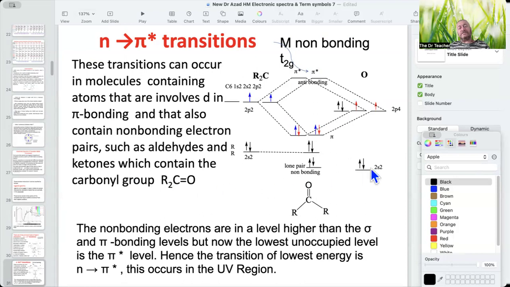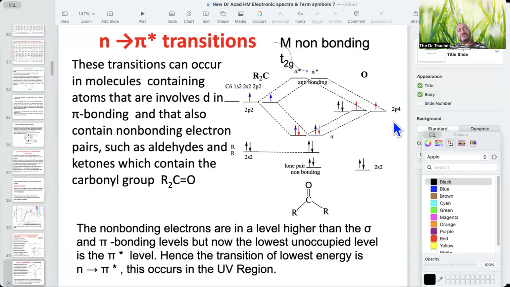there will be 2s2 non-bonding, not involved in any bonds. So they can be used to do sigma bonding to the metal. And the rest you can see between the oxygen and carbon. Carbon here has 4 electrons, 2s2, 2p2.